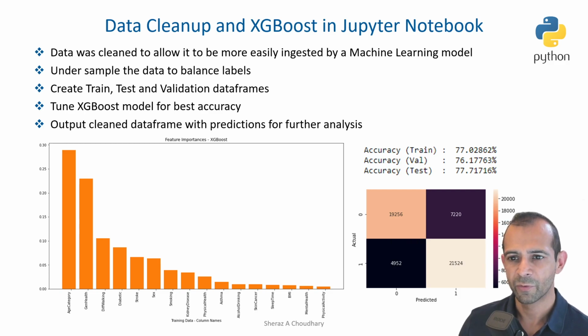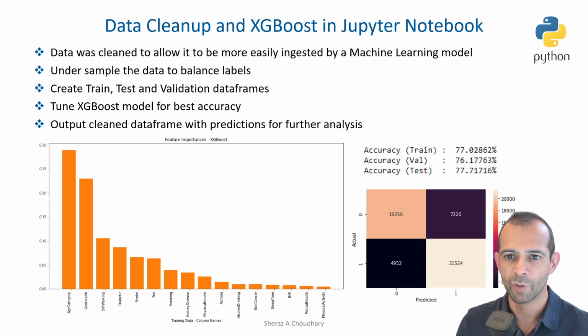The data cleanup. So the data was fairly clean. It didn't have any nulls, but there were a lot of categorical variables that could be converted into numerical variables to make it easier for the model to digest the data. I'll cover this in more detail in the next slide, but the data was very unbalanced. So I undersampled the data to balance the variables.